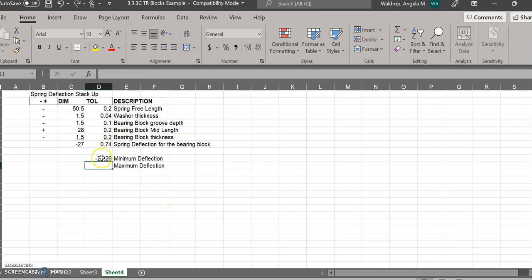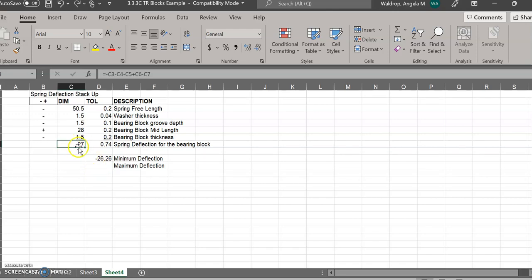Okay, now the reason why I'm making a special point about this is before, when we do the minimum, we take this number minus that one. But since this one is negative to start with, to get the minimum deflection, the minimum negative number, I have to add it instead of subtract it. For the maximum deflection, I want the larger negative number.